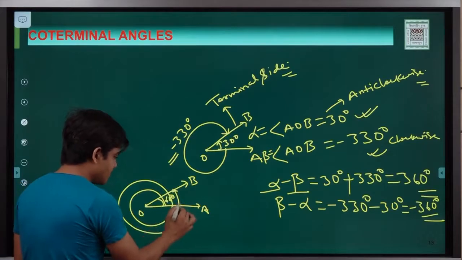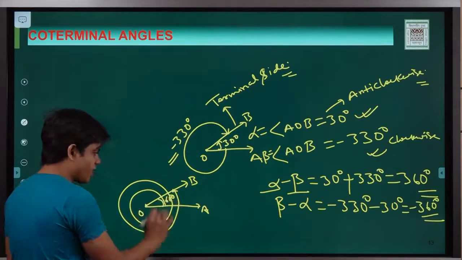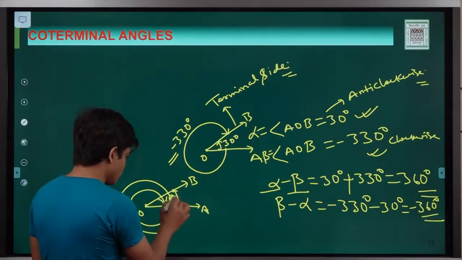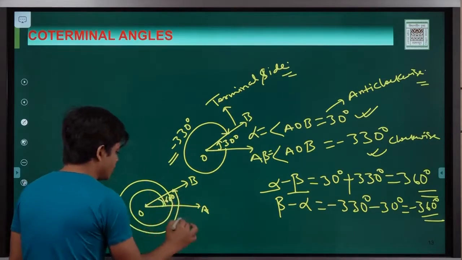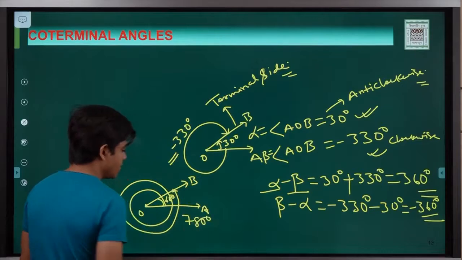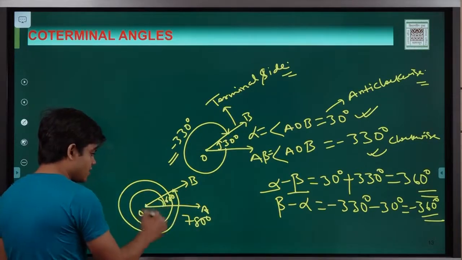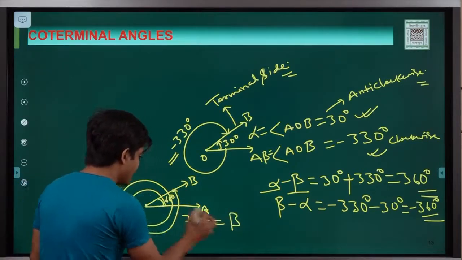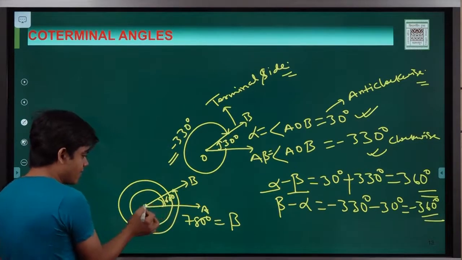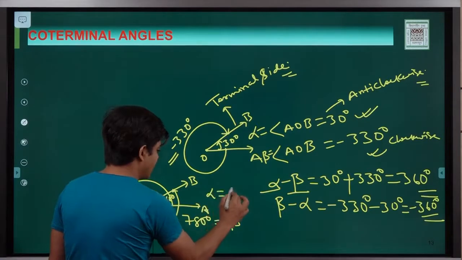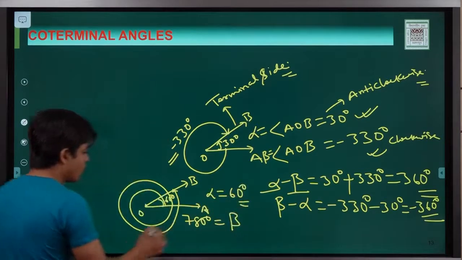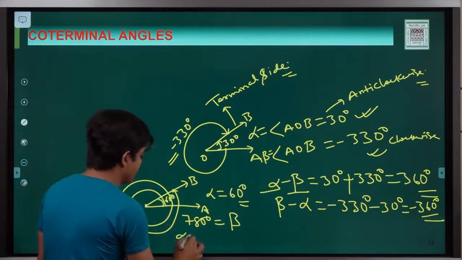It will be 720 plus 60, so 780 degrees. Call this bigger angle beta, and our initial angle, with no complete revolution, alpha is 60 degrees.